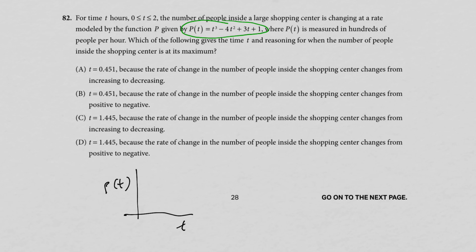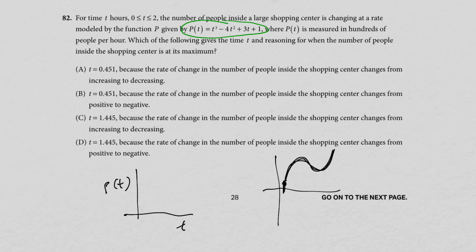Now, when you graph this thing on a graphing calculator, it's going to be a cubic. It might look something like this. And let's just, if it were something like this, the rate that people, this isn't the number of people coming in.